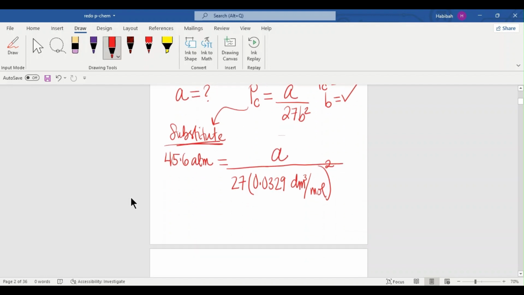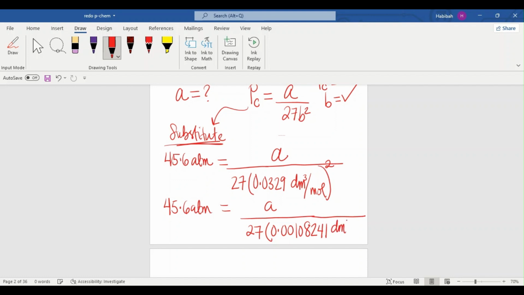So that's basically how it's done. 45.6 atmospheres is equal to A divided by 27 times 0.0329 decimeter cubed squared, which is 0.00108 decimeter raised to the power of 6 divided by mole squared.